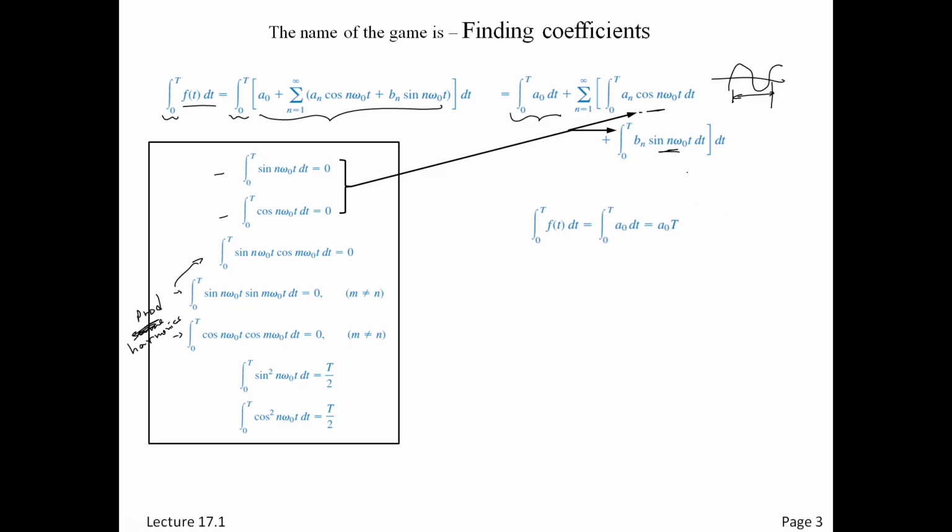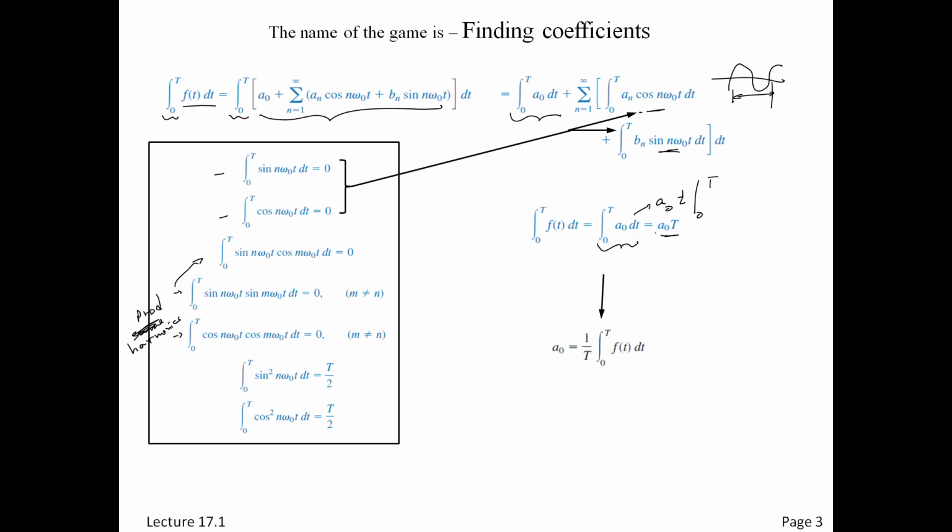All right, what happens next? That means the function of t, what started on the left over there, is now reduced to this much. But we can see this coming. This is a dt, which is a0 t evaluated between 0 and T, and of course that is a0T. Pretty nice. So far, now everything is reduced to constants.